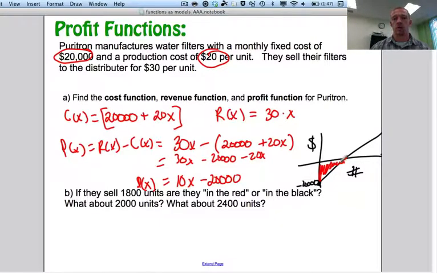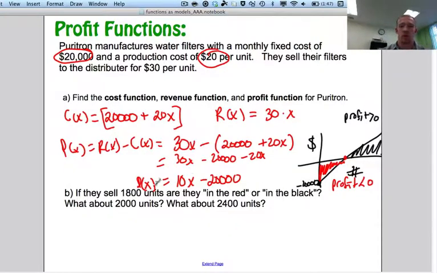Anytime you're losing money, you're in the red. Once you start making money, people say that you're in the black. A profit that is more than 0 is positive. In the red would be a profit that is negative, less than 0. So basically we're just trying to figure out, is their profit positive or negative?